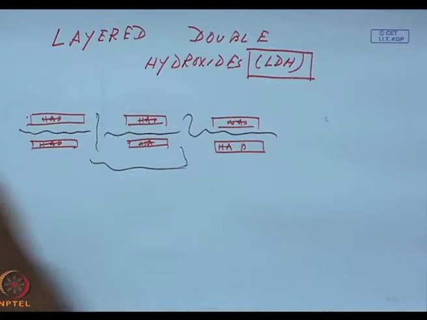Rather, if we had such layered double hydroxides, where it would be a mixture of the ceramic with the protein, the chitosan, the organic polymer between the layers, we would get a material which would have higher flexural strength, higher impact toughness.